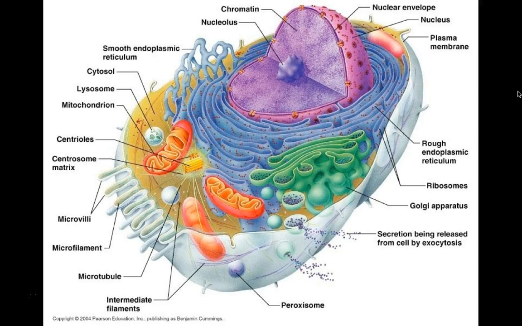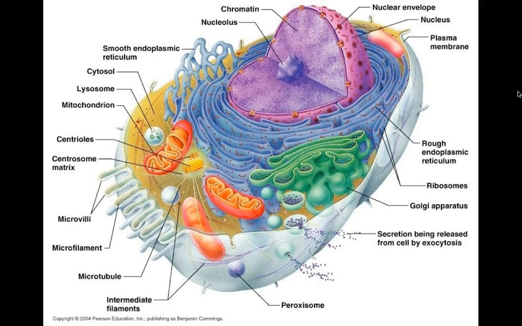We have two types of endoplasmic reticulum, rough and smooth. The appearance of the rough is because embedded on the surface of this endoplasmic reticulum are the ribosomes. That makes it appear to be rough. The smooth endoplasmic reticulum has either no ribosomes or maybe just a few.